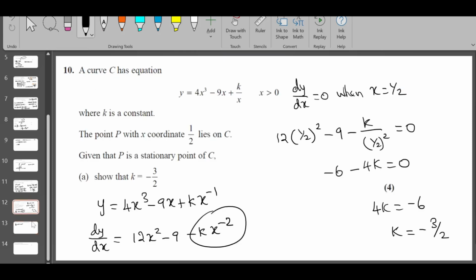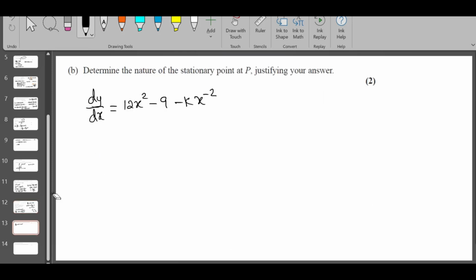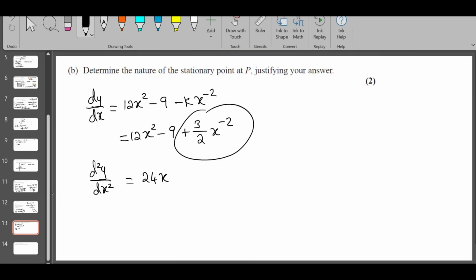But we know k is minus 3 over 2, so sub in here: plus 3 over 2 x to the power minus 2. Differentiate one more time. We're going to get 24x. This becomes 0. When you differentiate this, you need to put minus 2 in front, so the 2 will be cancelled. Minus 3x to the power minus 3.